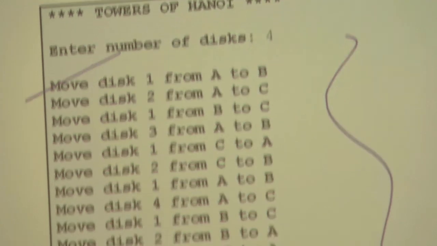Let's run it for fun. That's the code. Let's try to run it.